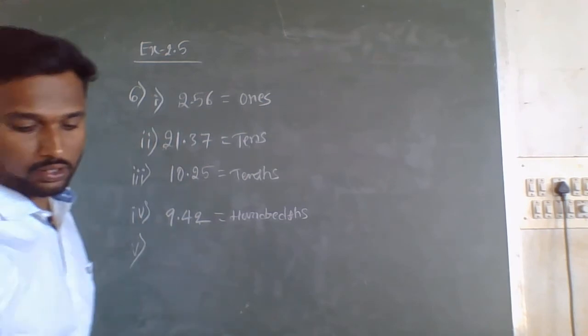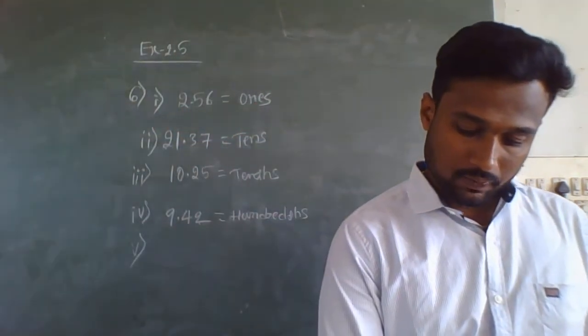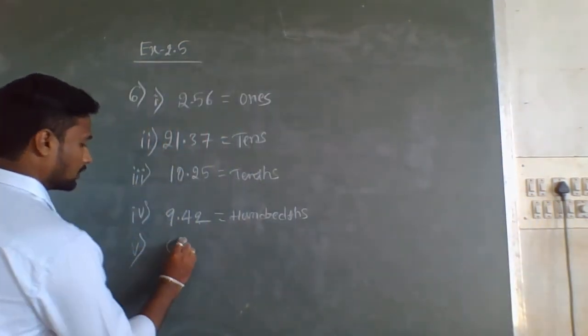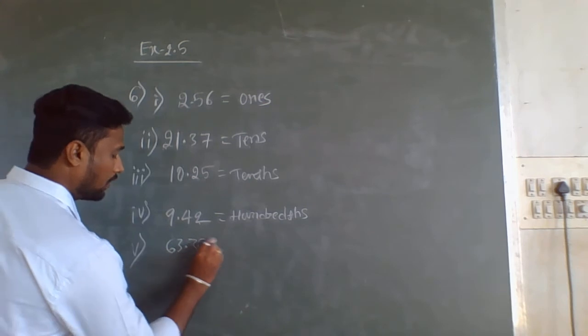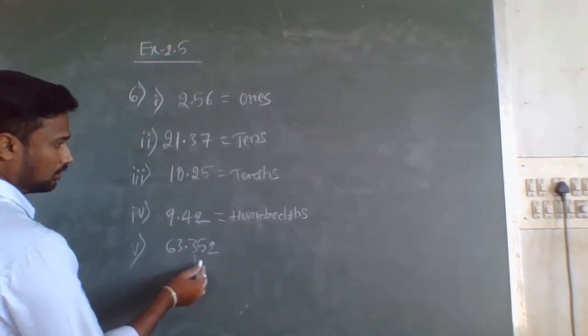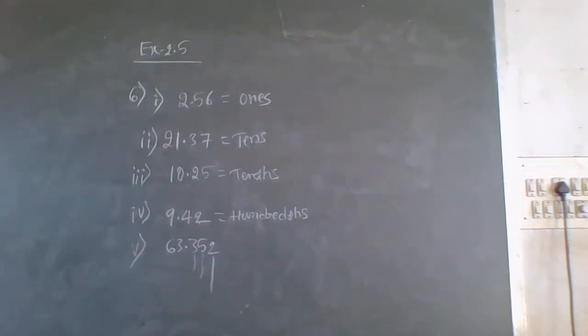Next one. Fifth question, what they have given? 63.352. Here this is 1's position, tenths position, this is hundredths position, this is thousandths position, meaning 1 by 1000.